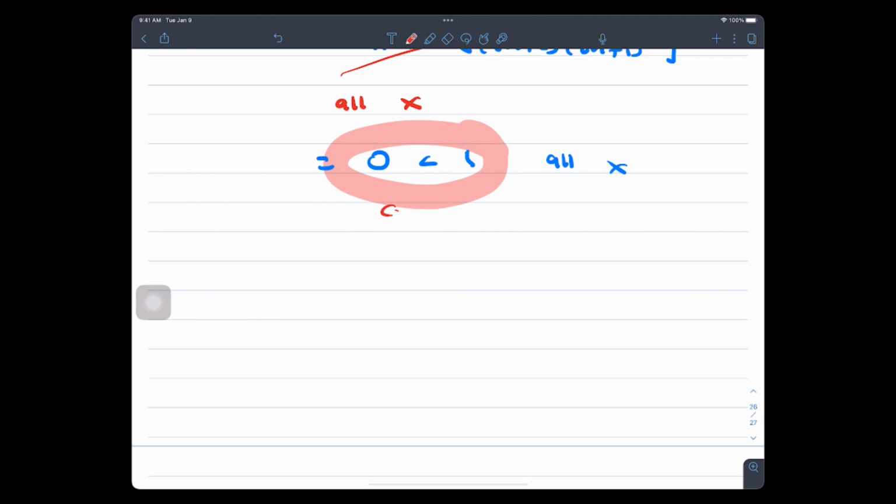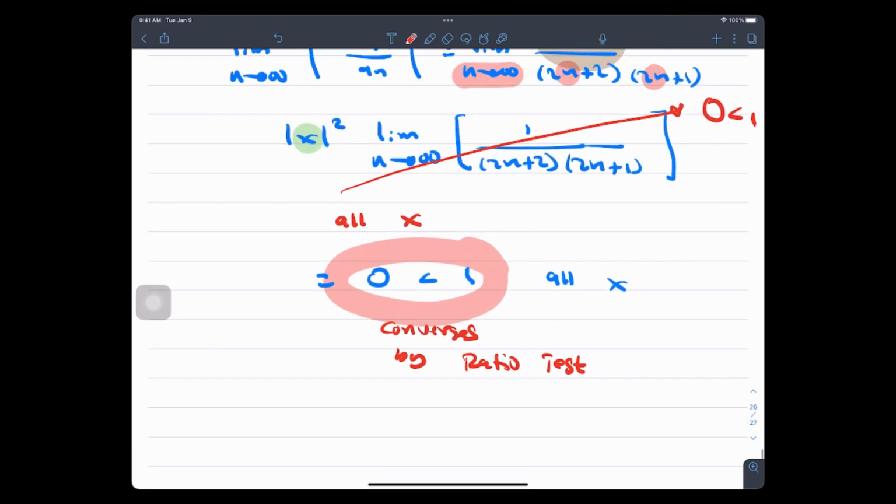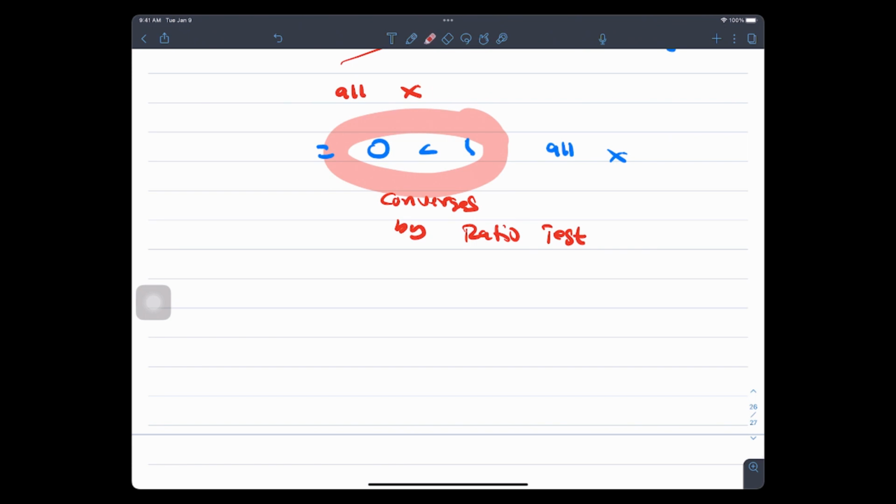That means the series converges by the ratio test. So if it converges by the ratio test for all x, what do they mean by all x? That's every real number. And sometimes you see that this way. All real numbers, in interval notation.